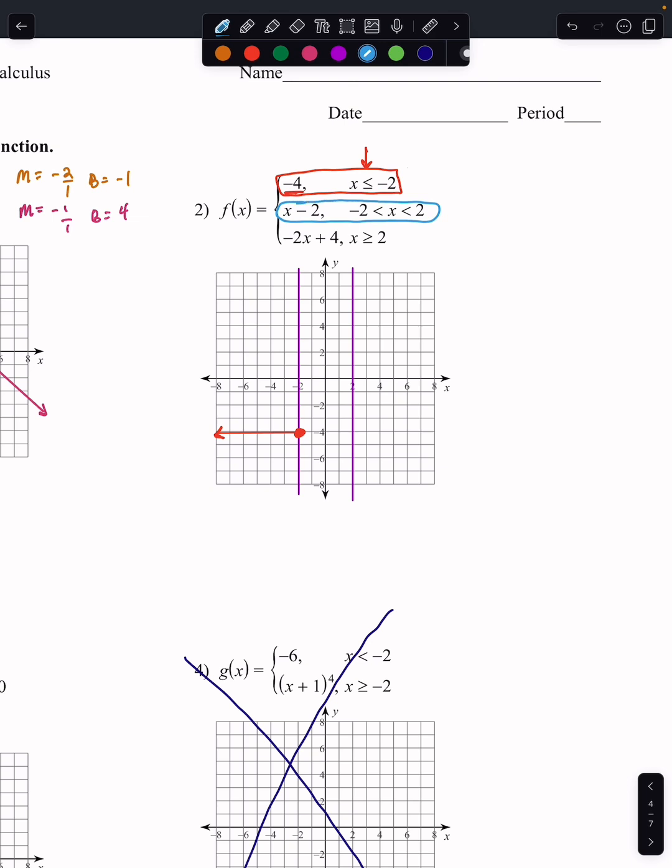Down 1, left 1, down 1, left 1. We're only interested in the part that's in the middle. So I could just go ahead and draw this line and call it a day. And remember, since those two inequalities are there, that's an open circle on both sides.